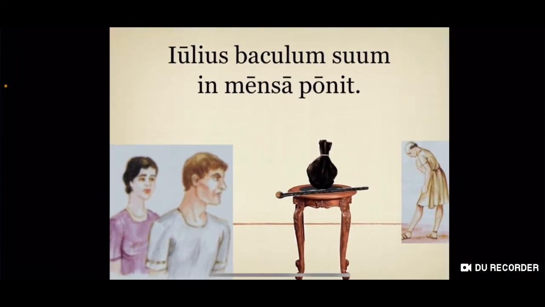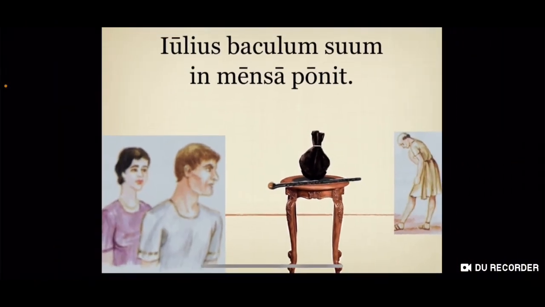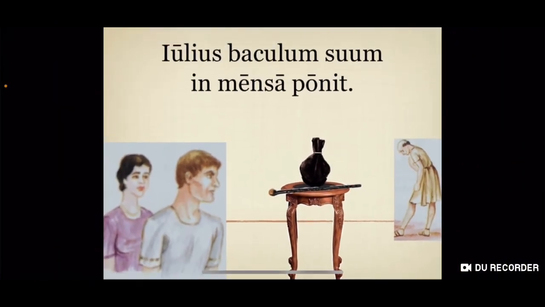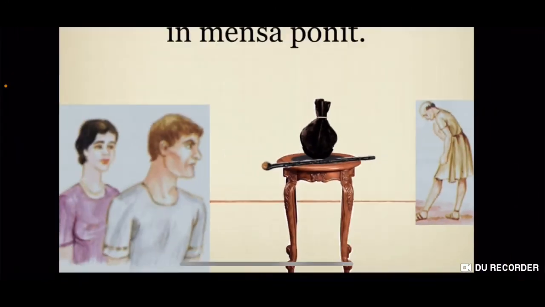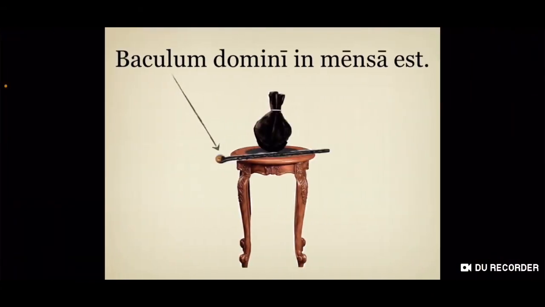Or we still use that as a cane today, with the ornament sometimes on it. So he puts his baculum on the table. Not sacculum, I don't even know why I said that. Baculum, stick. Baculum domini in mensa est. The stick of the master is on the table.